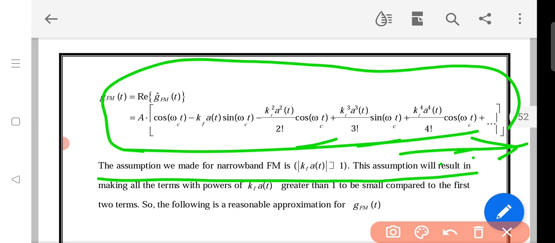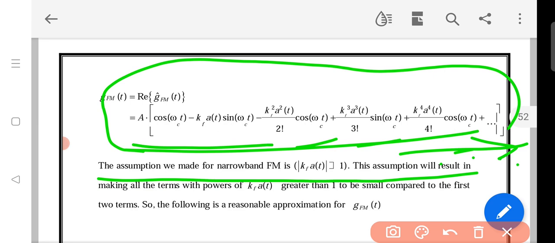In this way, kf into a of t, the modulation index or deviation, is less than or equal to 1.